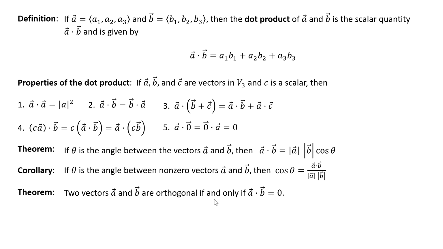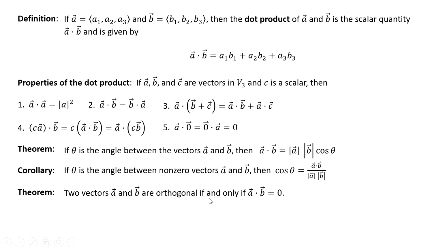But in math, if and only if has a completely different meaning. What is that? This should be interpreted as: if two vectors A and B are orthogonal, then A dot B is equal to 0. And it is also true that if A dot B is equal to 0, then the two vectors A and B are orthogonal. So both the conditional, going from left to right, and the converse, going from right to left, are both true.